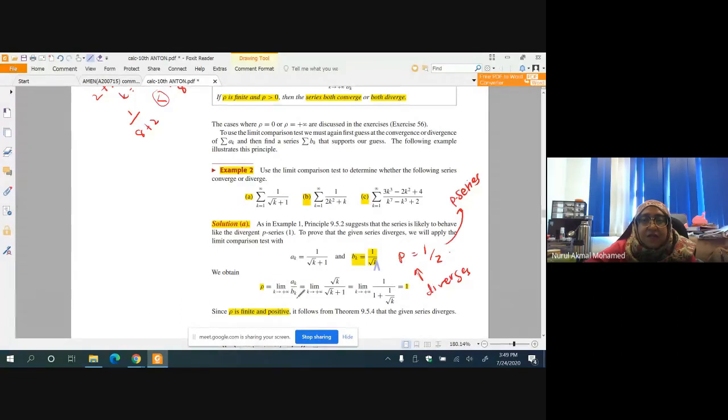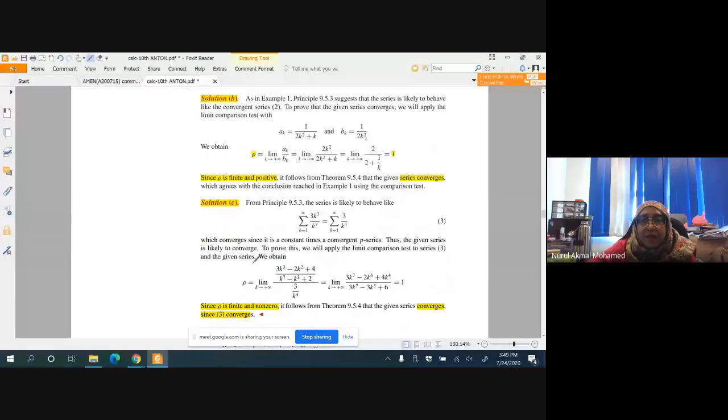Rho is the limit of this, and you simplify this. You can use L'Hopital rule for this one, and somehow you get 1 for the rho. Rho is equal to a finite number because it is 1, and this rho here is greater than 0. Rho is finite and positive. So of course, this one is diverge, so this one is also diverge.